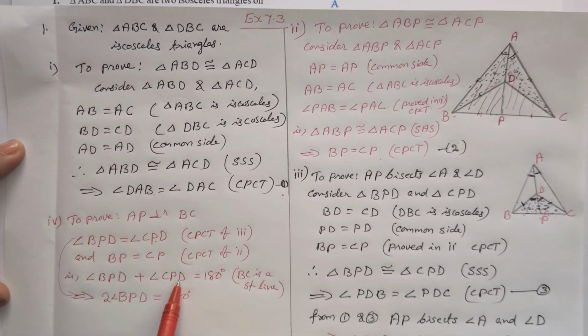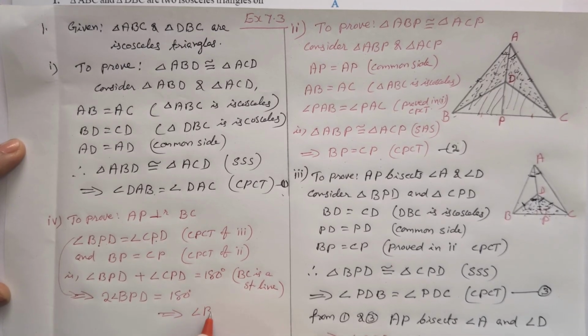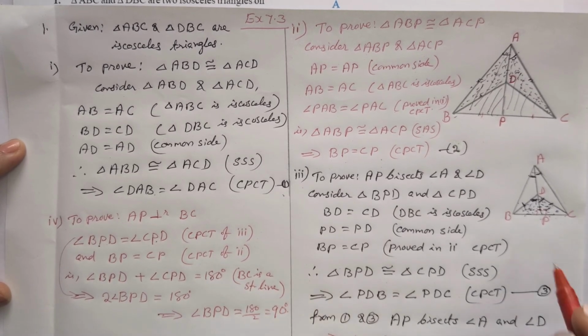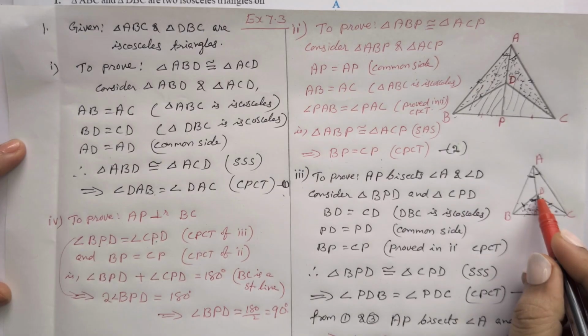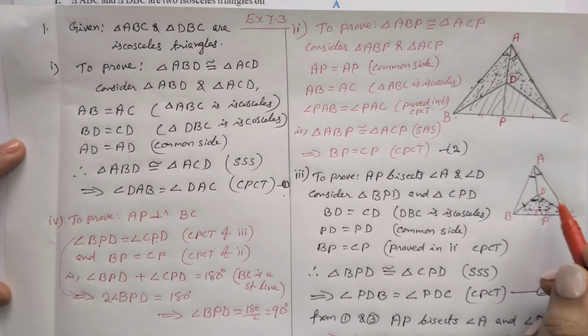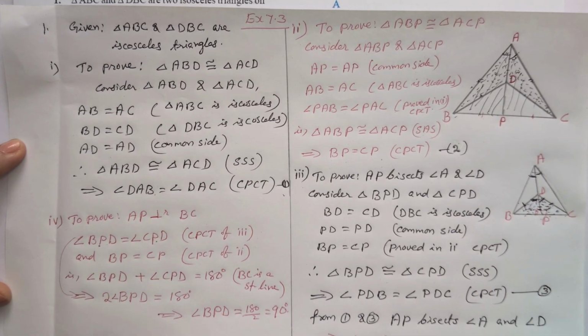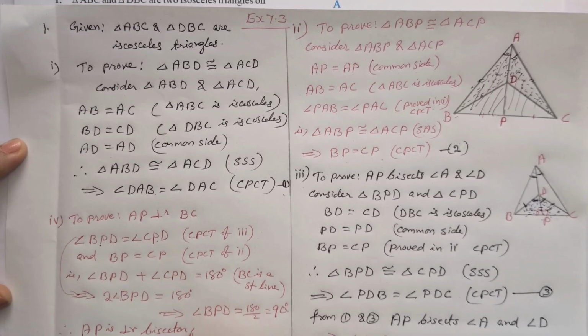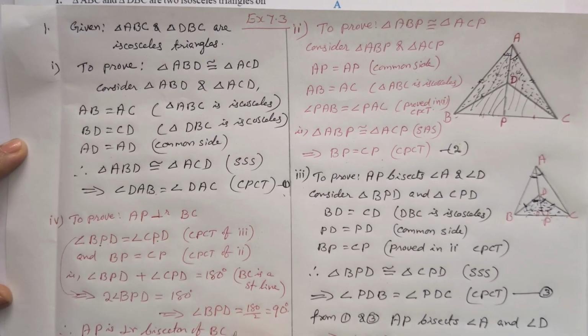So 2 times that is equal to 180, which implies angle BPD is equal to 180 by 2, it's equal to 90 degrees. So we got angle BPD is equal to 90 degrees, which implies angle CPD is also 90 degrees. Therefore, we can write AP is the perpendicular bisector of BC.